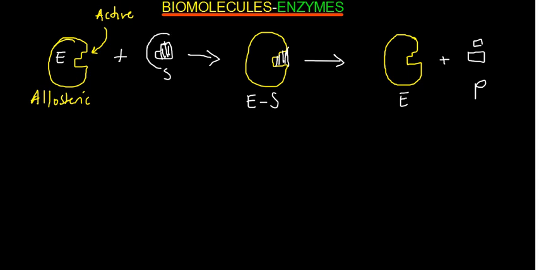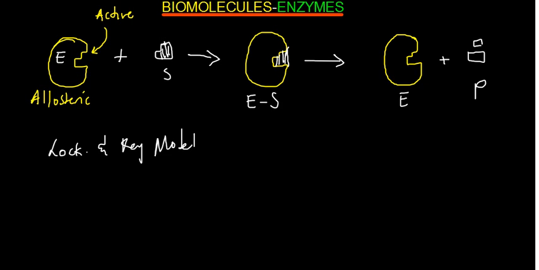Now, enzymes are highly specific because they only take up one type of substrate, and that is what we call the lock and key model. The lock and key model just tells us that each enzyme has a particular shape, and that can only be fitted by a particular substrate.